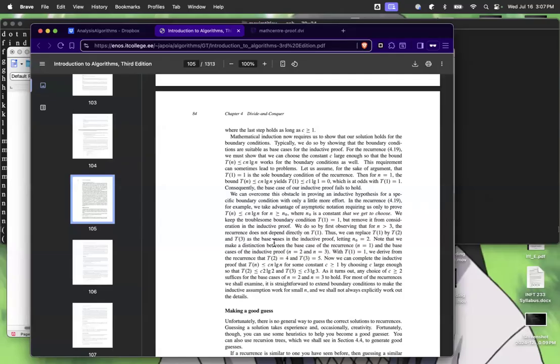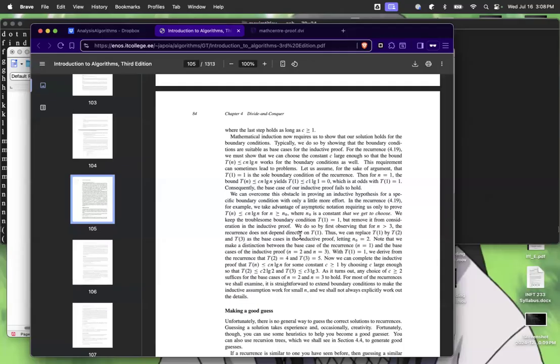Now, we can improve an inductive hypothesis for a specific boundary condition with only a little more effort. In the recurrence, for example, we can take advantage of asymptotic notation requiring us to only prove T of n is less than or equal to C n log n for n greater than n naught, where n naught is a constant that we get to choose.